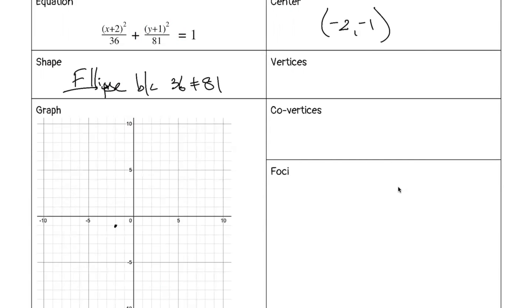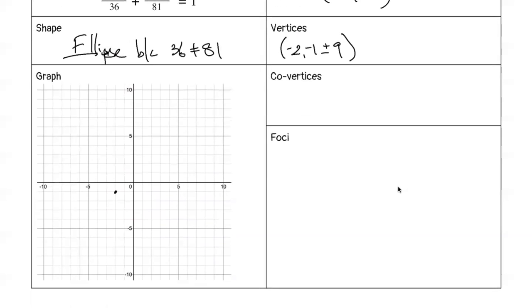So I would go from my center up and down 9 to get to my vertices. So I count down 9. I count up 9. All right.